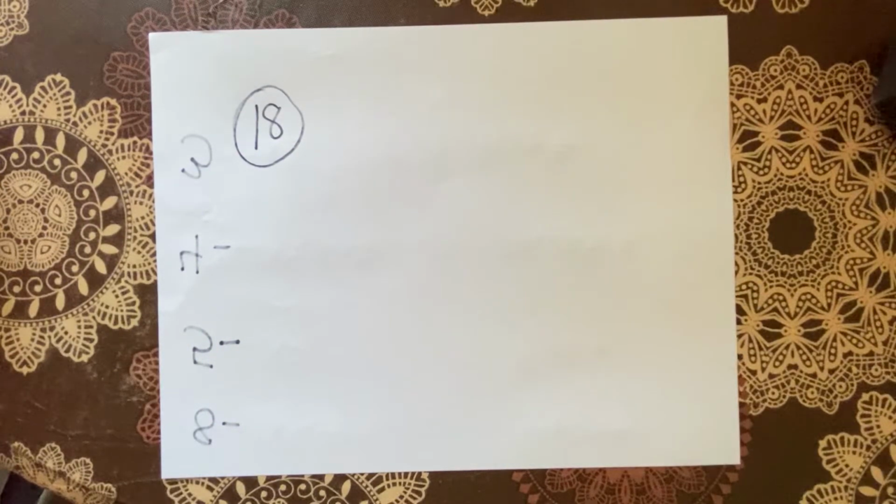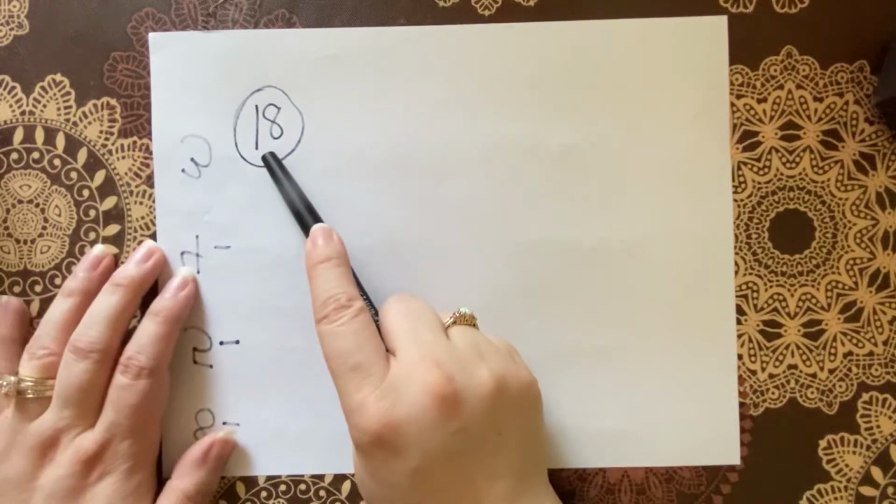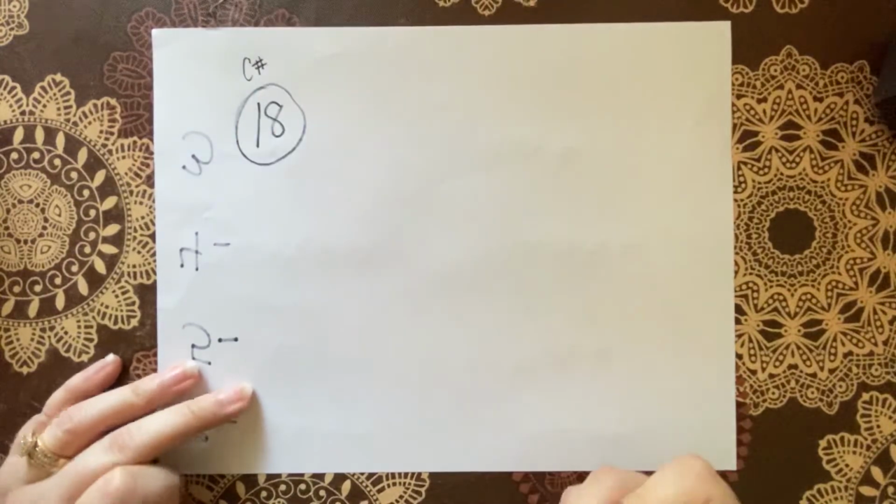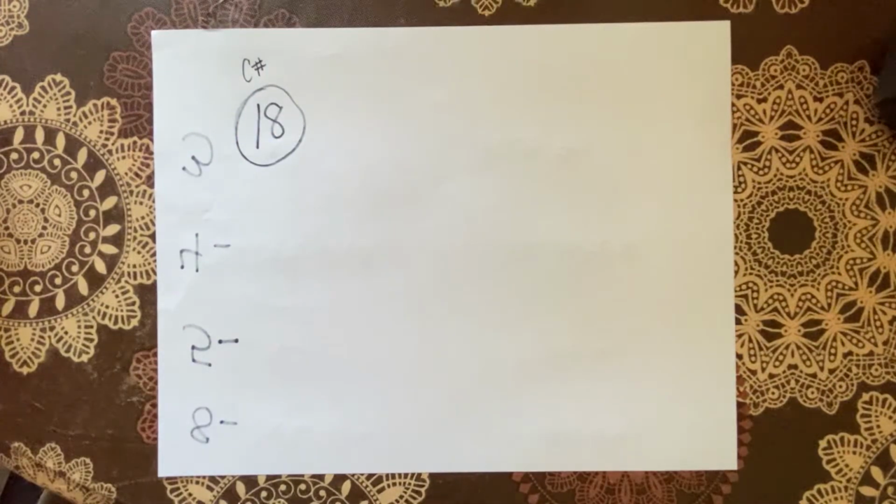So I have a couple of things I can do. First of all, I know that 18 is an even number that is greater than 2. So right away, I'm going to guess that it's a composite number, but I have to prove it.